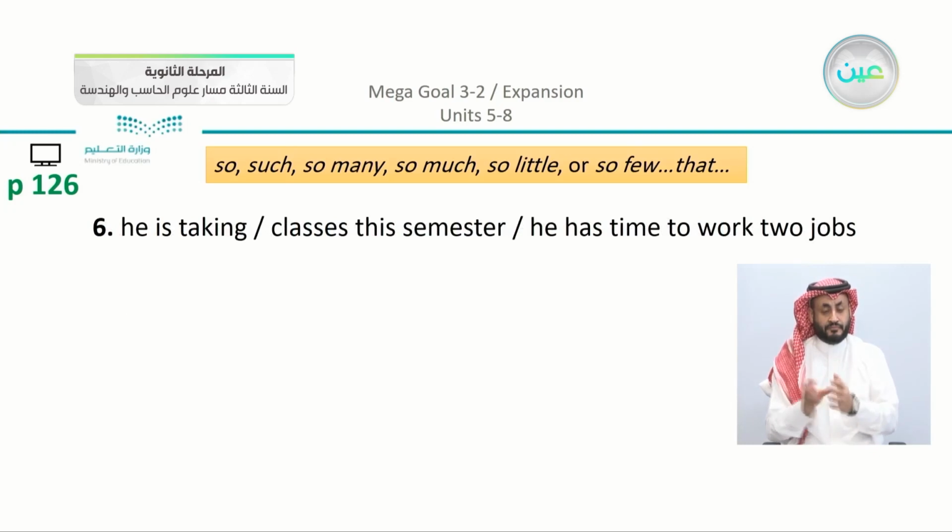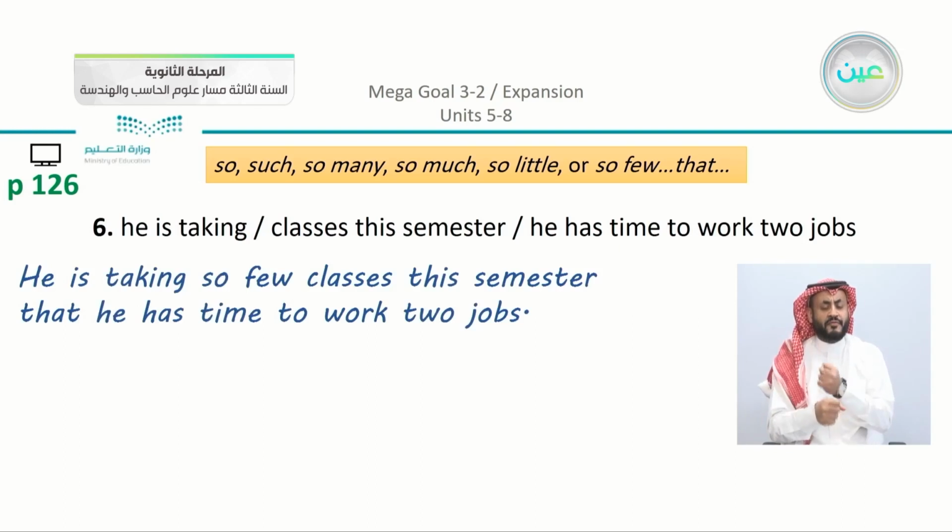Here we have he is taking classes this semester. He has time to work 2 jobs. Now we can say in this sentence, he is taking so few classes this semester that he has time to work 2 jobs.